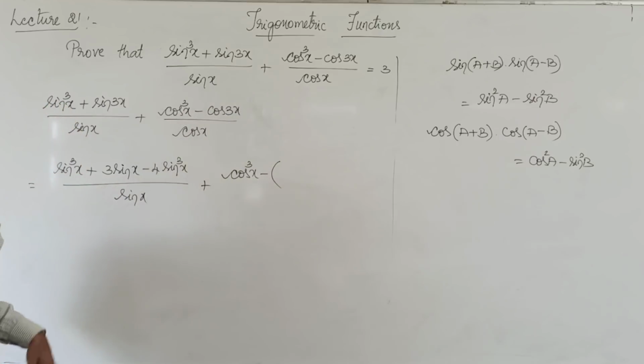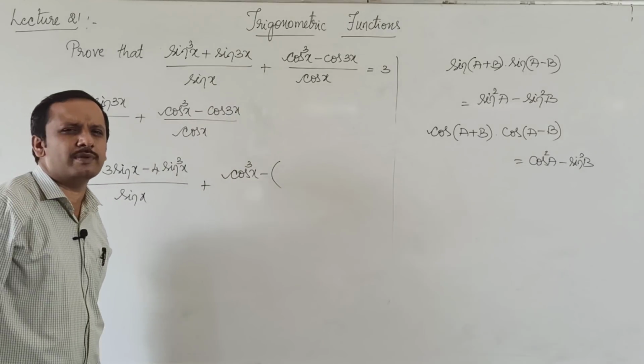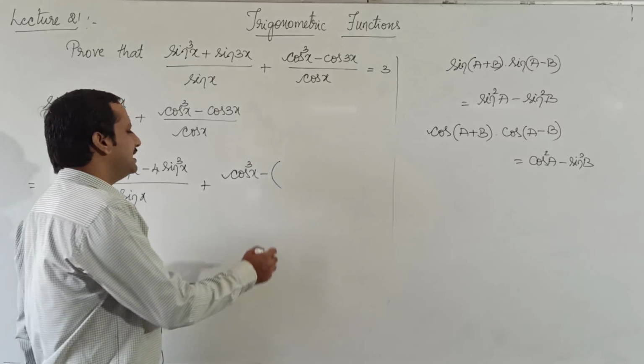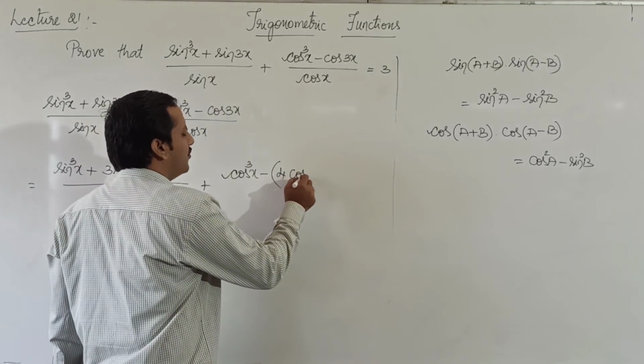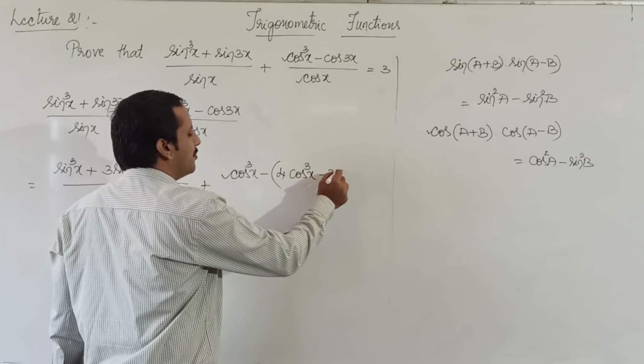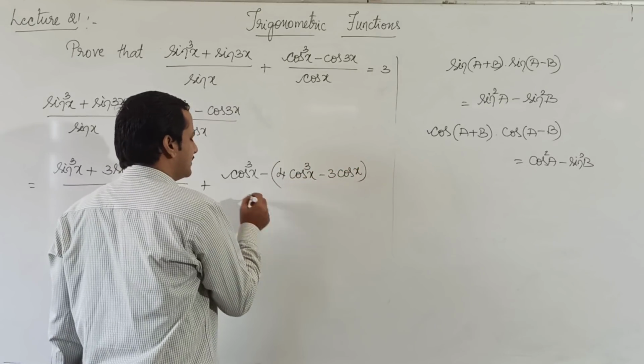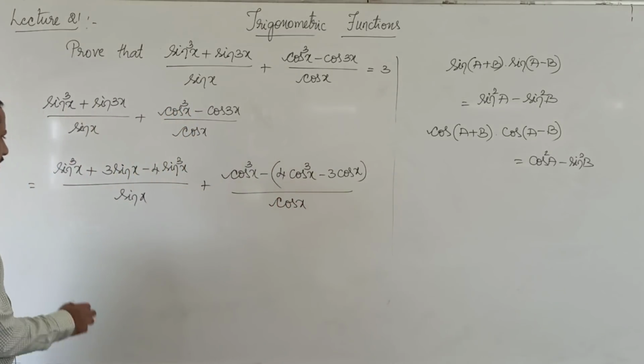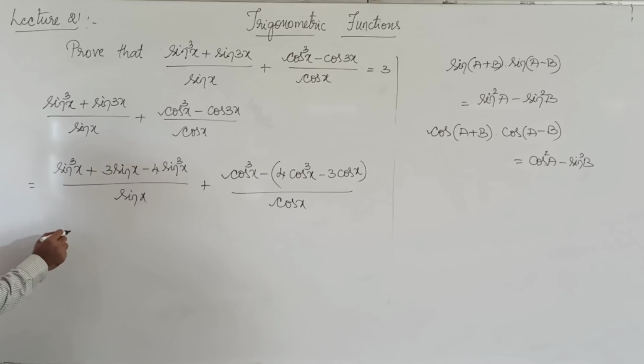In place of cos 3x we shall use the formula cos 3a is equal to 4 cos cube a minus 3 cos a. So this will become 4 cos cube x minus 3 cos x divided by cos x.